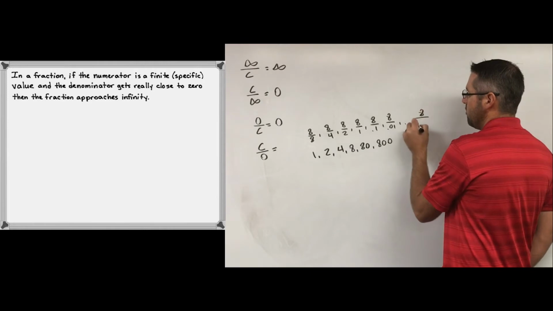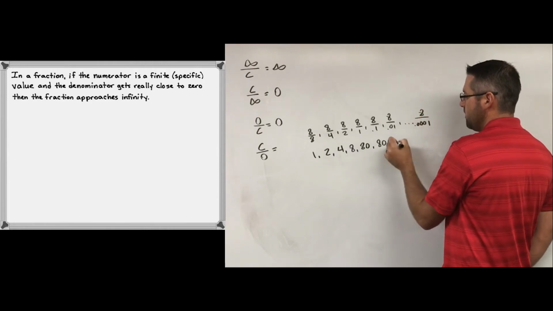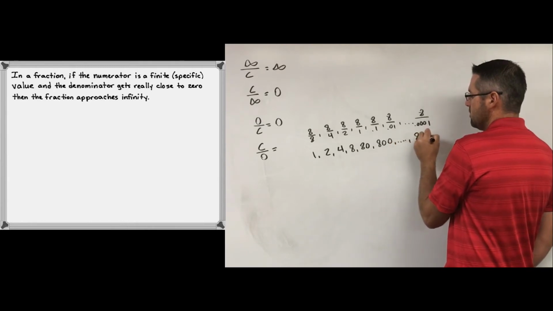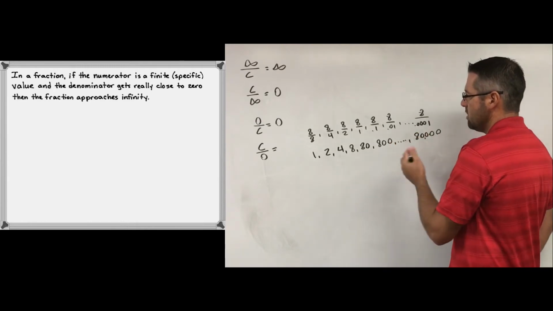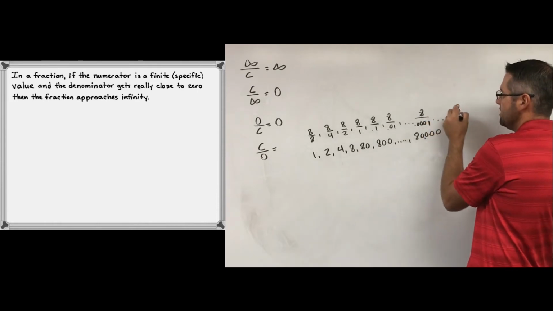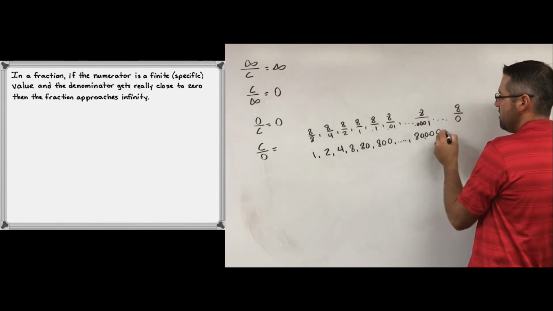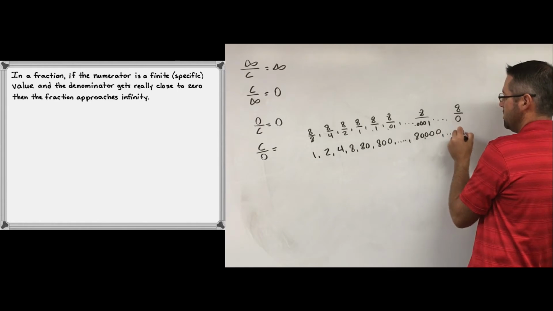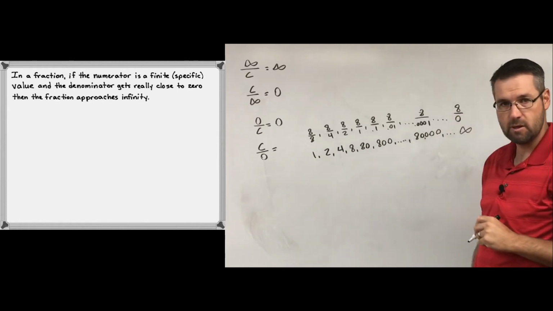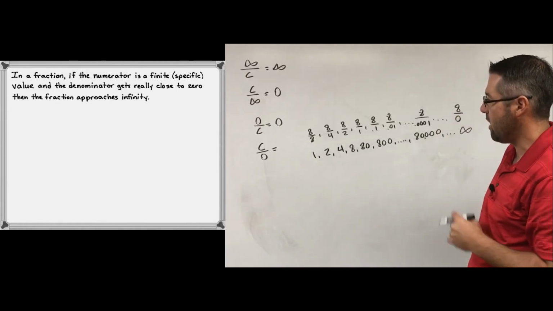Now we can keep going with that. If I said 8 over 0.0001, that would be 80,000. And so on and so forth. As this gets closer and closer to 0, this is approaching infinity. Okay? So that's how we get an infinity out. How?